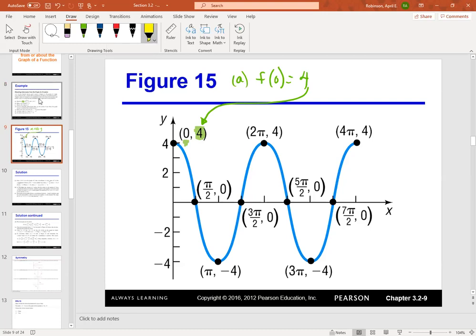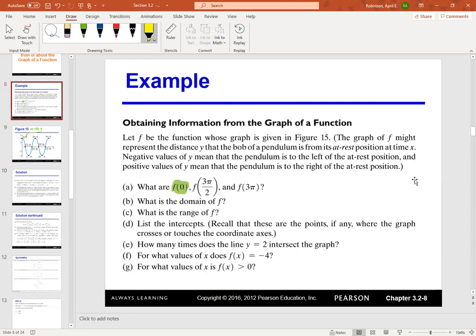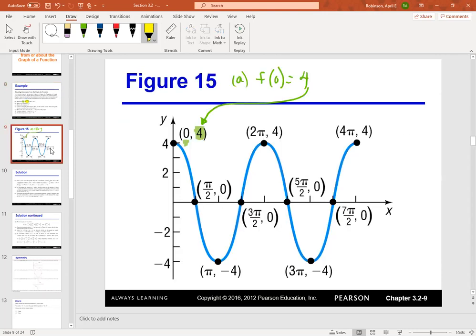And then the second part was what's f of 3 pi over 2. So you want to go back and look for the x coordinate, that is 3 pi over 2. That's this one right here.